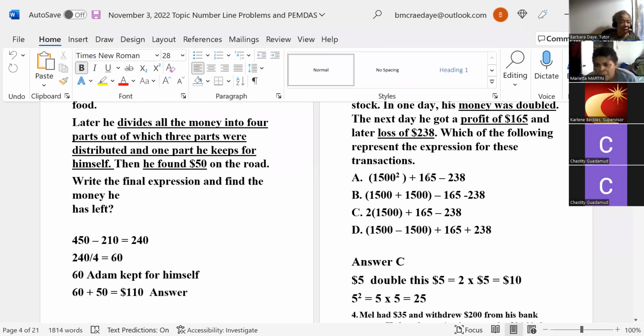Her mic is mute. I'm sorry. Can you hear me? Her mic is mute. Your mic is not mute, I can hear you. Chastity's mic is mute.